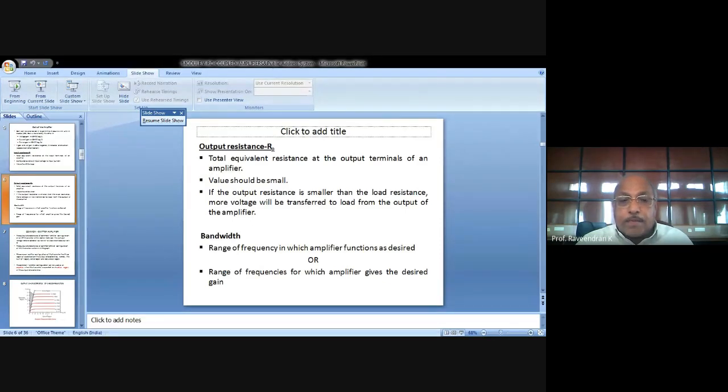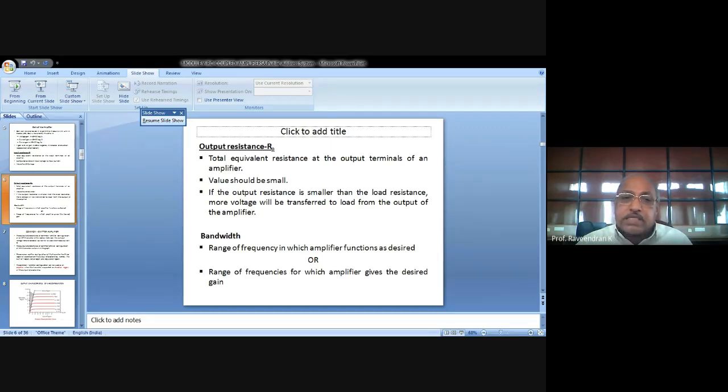In order to use it as an amplifier, we have to choose the DC operating condition almost at the middle of the operating region. We will analyze the circuit by drawing a DC load line like this.